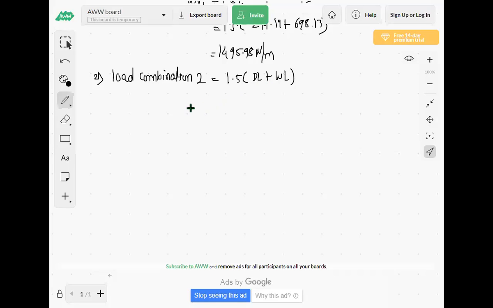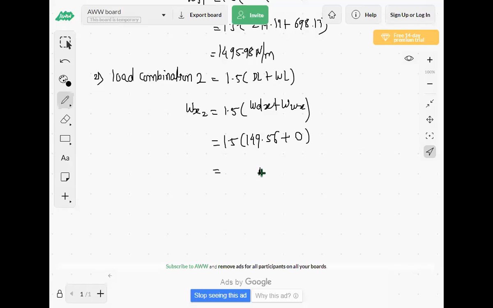So by using the second load combination, we have to calculate the x direction load. So now 1.5 into, here we have to add wdx plus wwx. Here wdx is again 149.56 and wwx is 0.